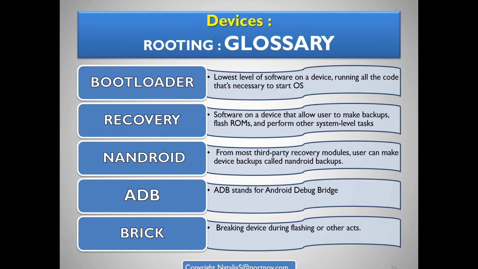Then we have the recovery, and recovery is the software on your phone that lets you make backups. Then we have Nandroid. Nandroid is usually from third-party recovery modules. You can make backups of your phone, and we call them Nandroid backups.